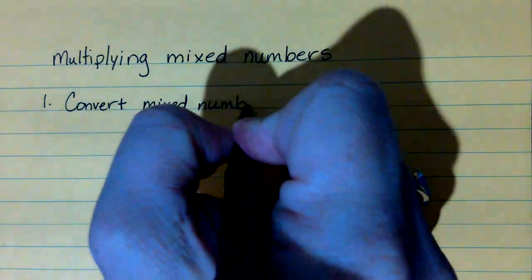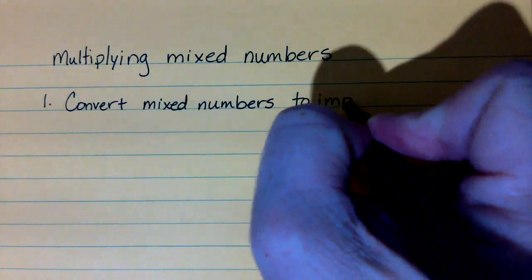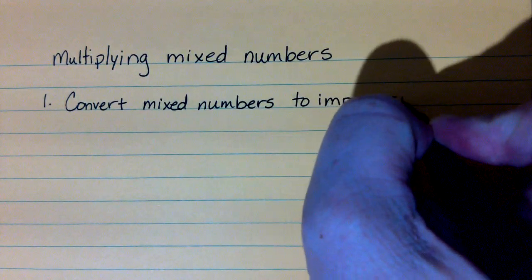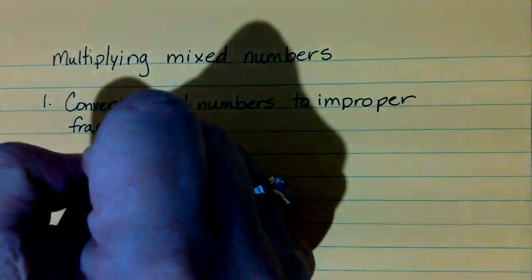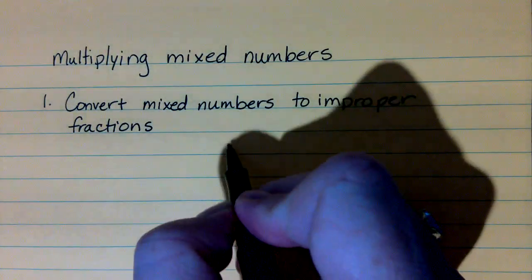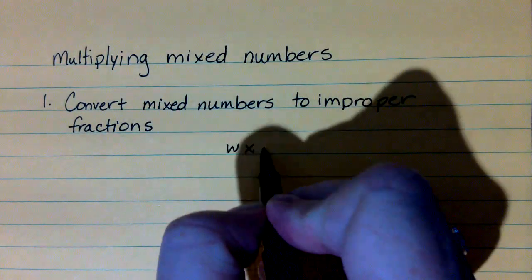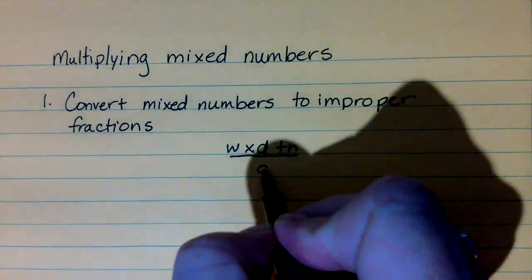Convert mixed numbers to improper fractions. And that is that whole thing of the whole number times the denominator plus the numerator over the denominator.